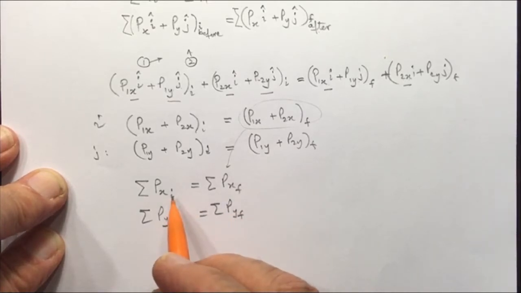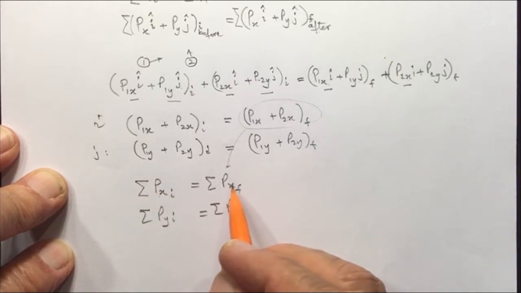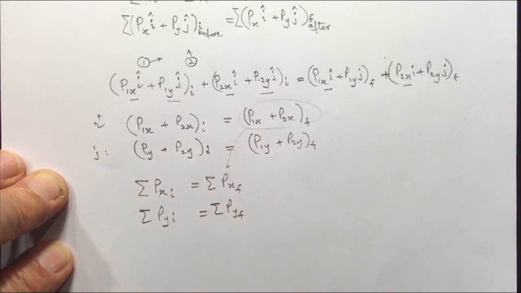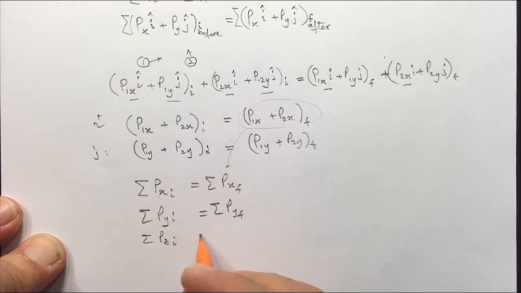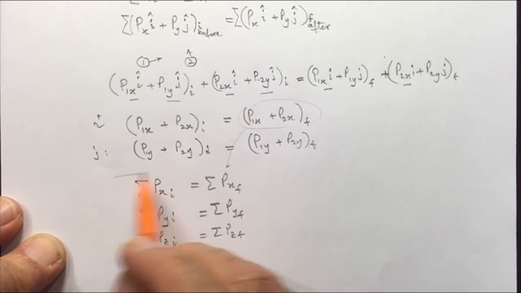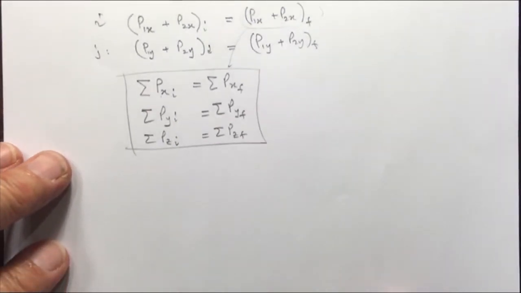So this is not the i direction, it's the initial. So we add all the initial momenta in the x direction and add all the final momenta in the x direction and make them equal to each other. So these are the two equations, and we can have a third equation also. Sum of pz initial equals sum of pz final. So these would be the equations that we can use. Now let's do an example on this.